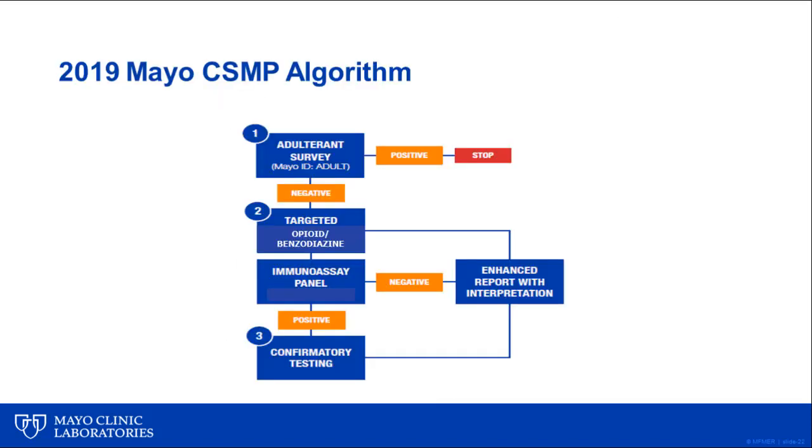This slide shows the algorithm for the Controlled Substance Monitoring Panel, where adulteration or specimen validity testing is performed first. If the sample is adulterated, testing stops, and no charge is issued to the client or patient. If the sample is not adulterated, testing then resumes with the targeted screens for opioids and benzodiazepines, along with traditional immunoassays.